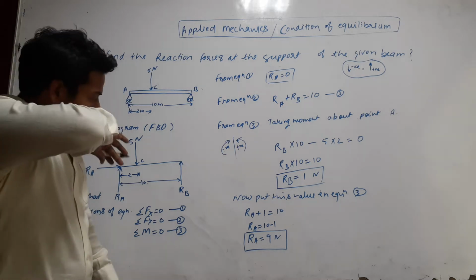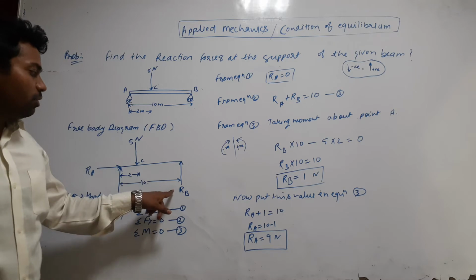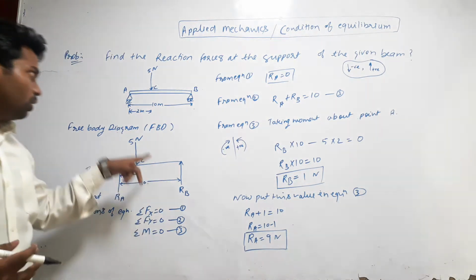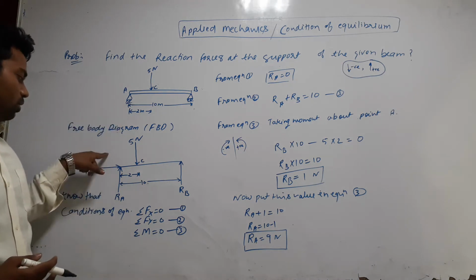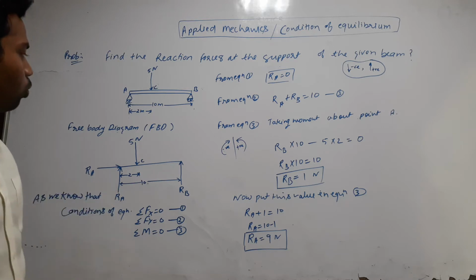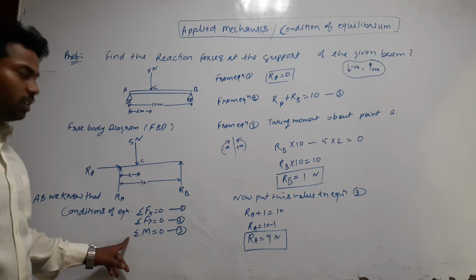So as you can see, this roller support will always give the reaction in the vertical direction, but the rigid fixed support will give the reaction in both directions, vertical and horizontal. So to solve this, we have to use these three equilibrium conditions.